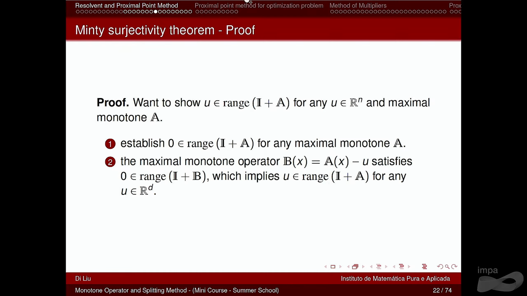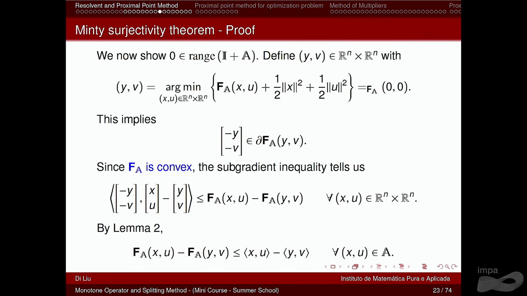So let's first check whether 0 belongs to the range of this operator. The idea is we want to use this representative function, capital Fa. Because this F is convex, we can use the subgradient inequality.